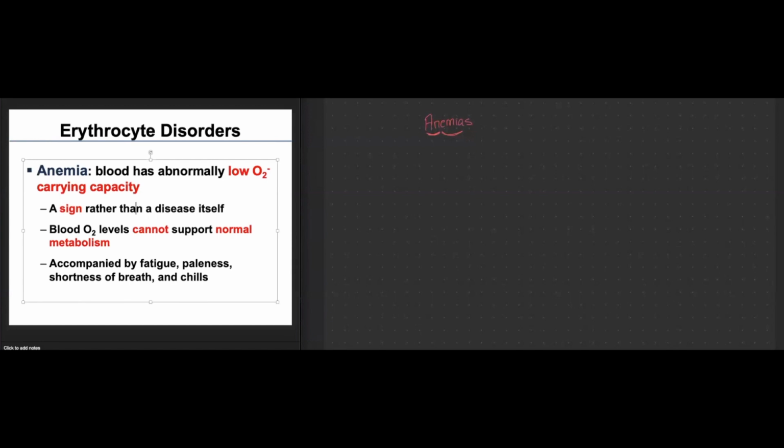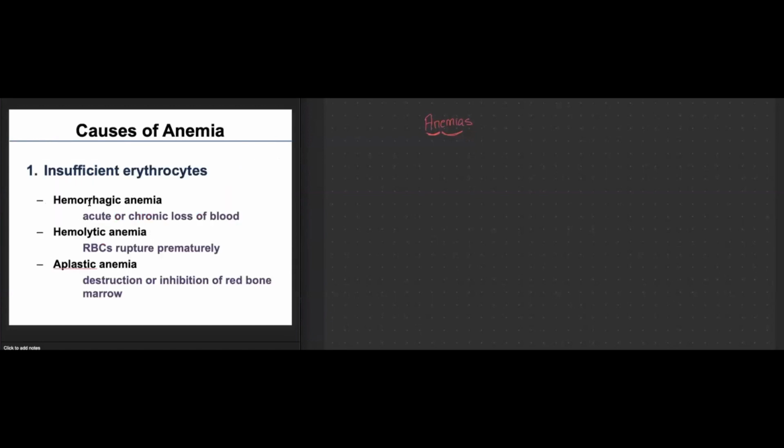So what might cause anemia? First set of causes here would be insufficient red blood cells. So the way I think about anemia is like having a pizza store. And the oxygen is going to be like your pizza that you're trying to deliver to your customers.